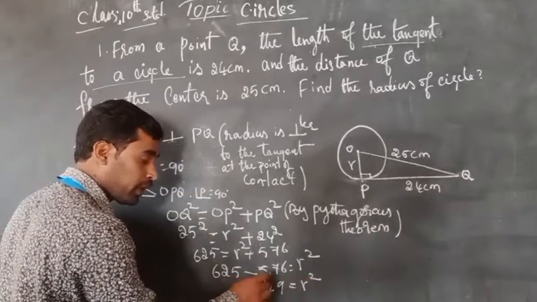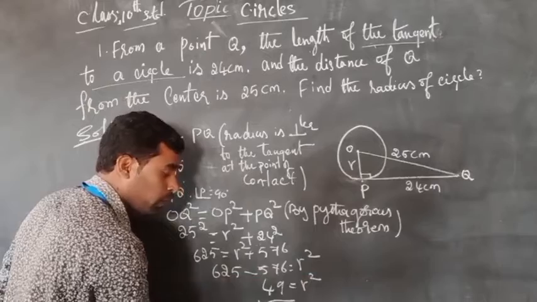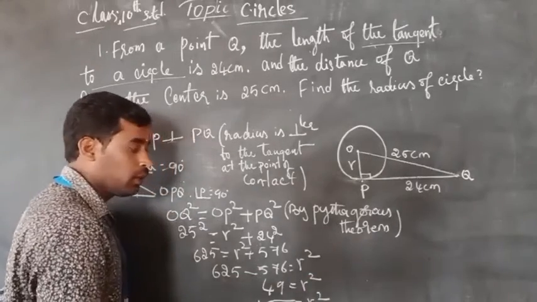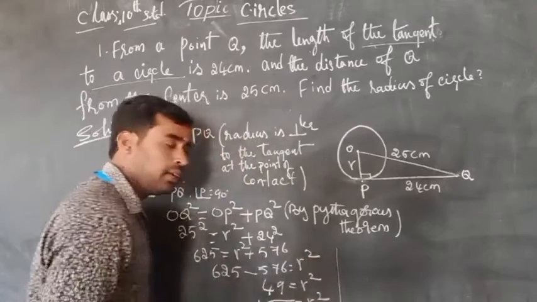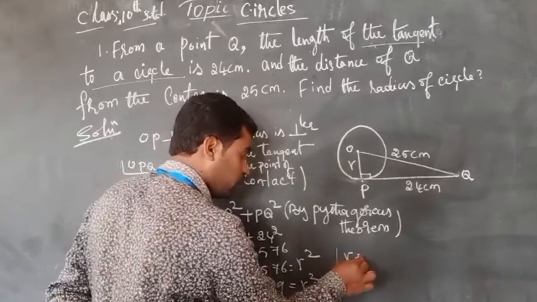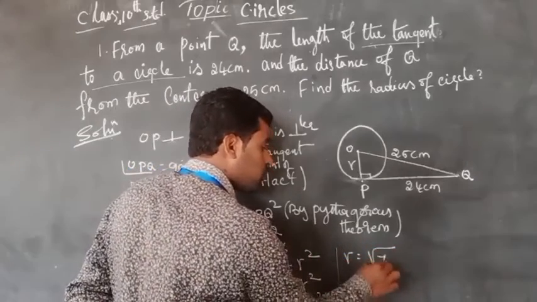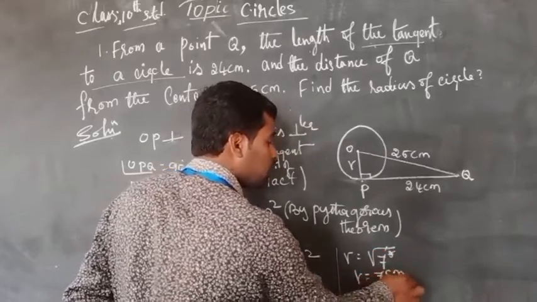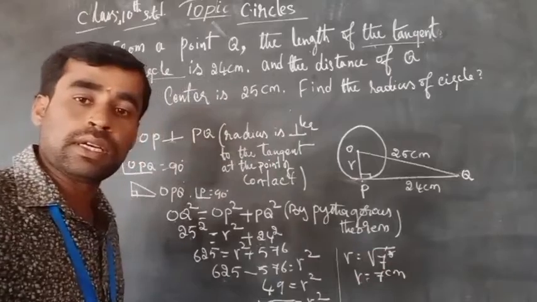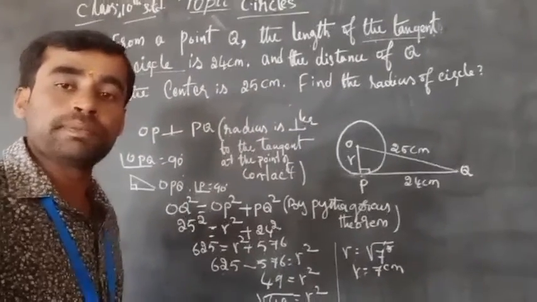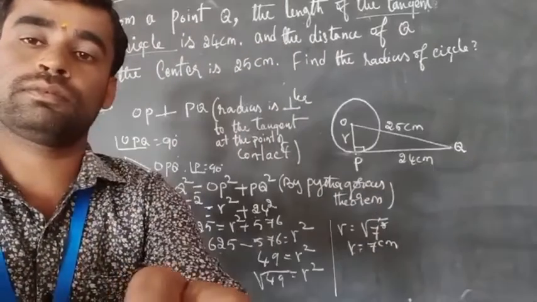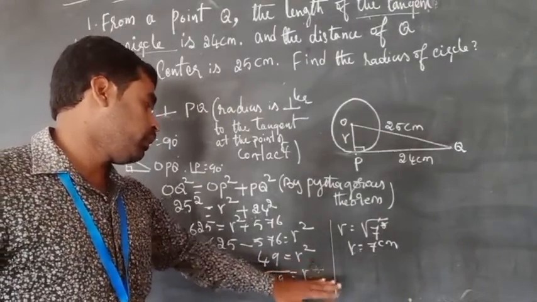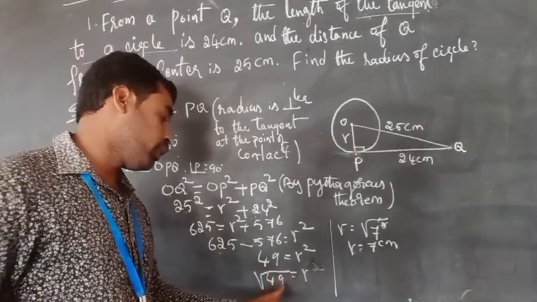Now the square, if you take it to this side, it becomes square root of 49.